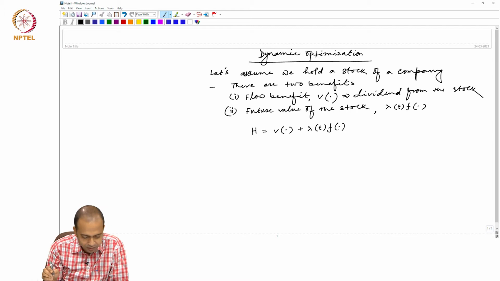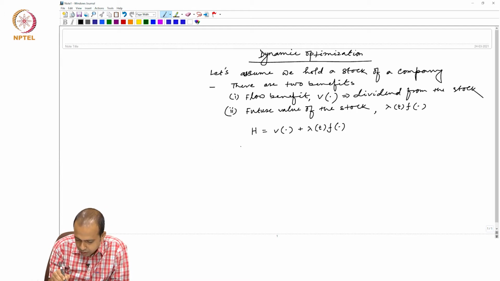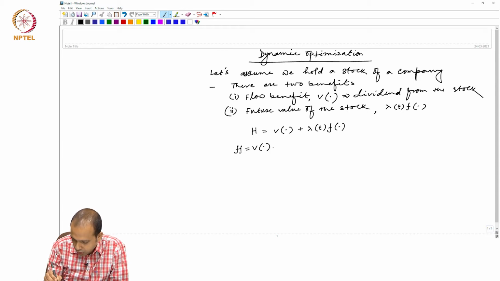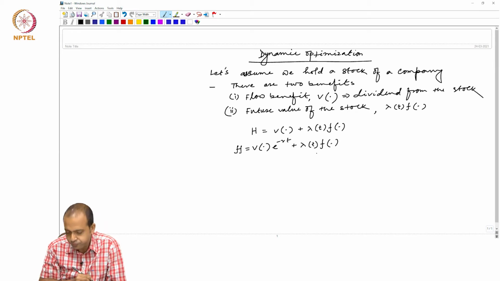So, basically then what we can write is h equals v function e to the power minus r t plus lambda t into f dot.